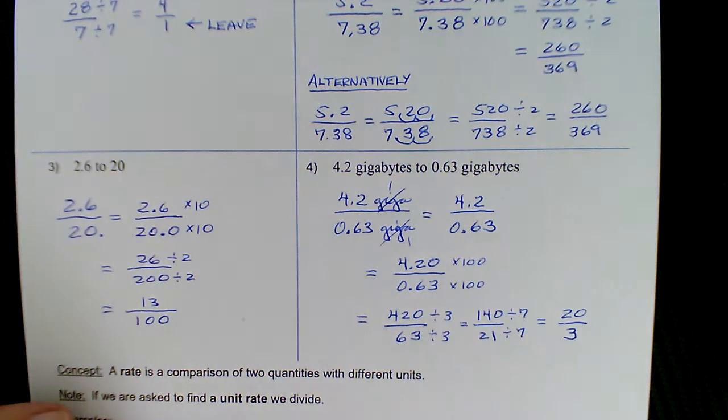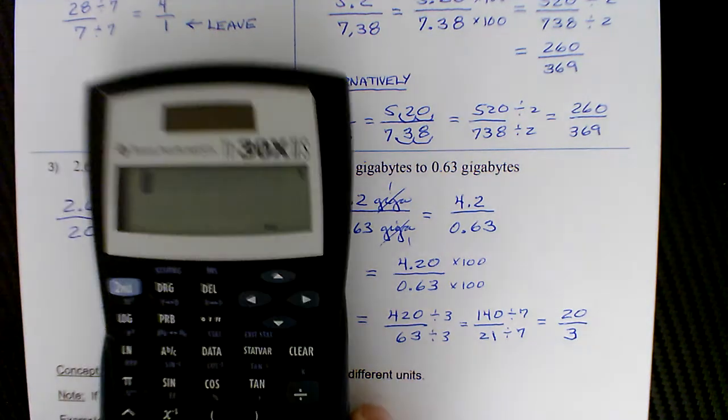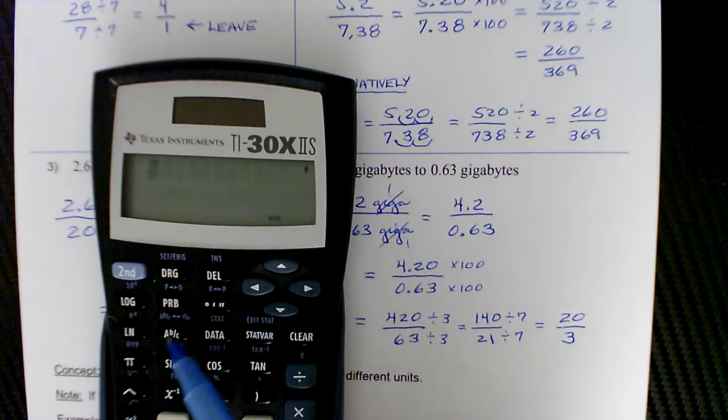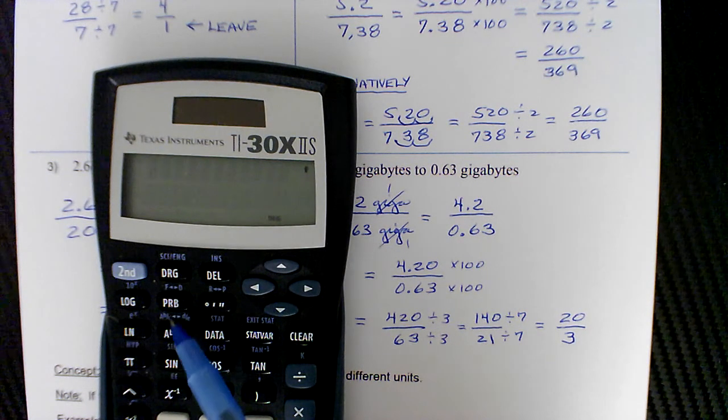Okay. Now here's a trick. If you bought the TI-30X2S calculator as I recommended, the trick for reducing fractions involves using the fraction key, A with the B over C. It's right under the PRB button.